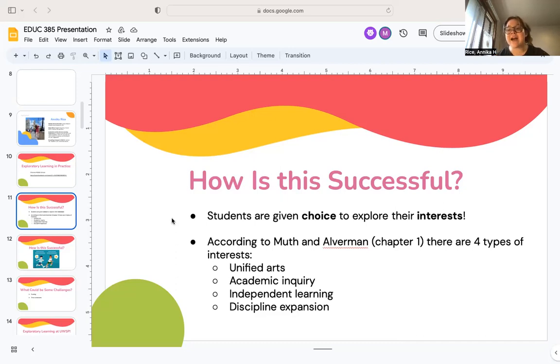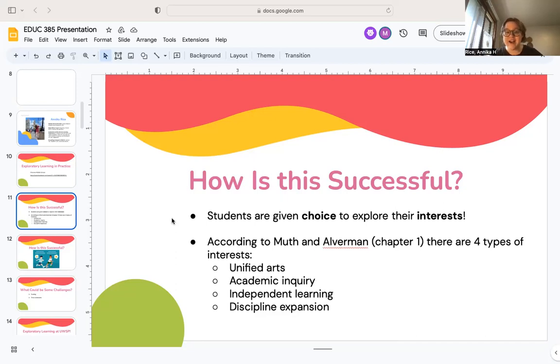And tying back to what Ginny had mentioned before, there was autonomy within these choices of what they're going to explore. And there was engagement. These kids were excited to be playing Minecraft and learn how to code. The one kid said it was a very rewarding experience for him because he was able to do things on his own. These kinds of classes could potentially lead to future careers someday, if you think about it.